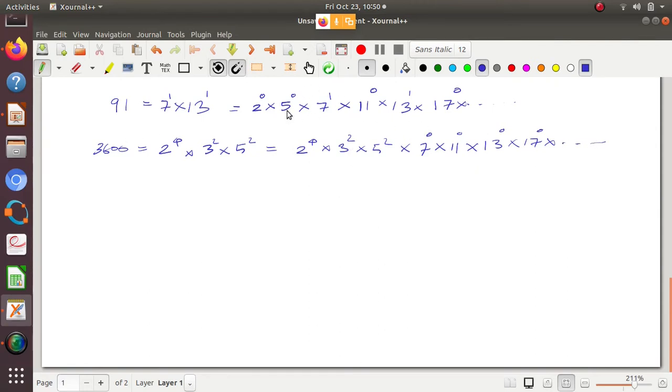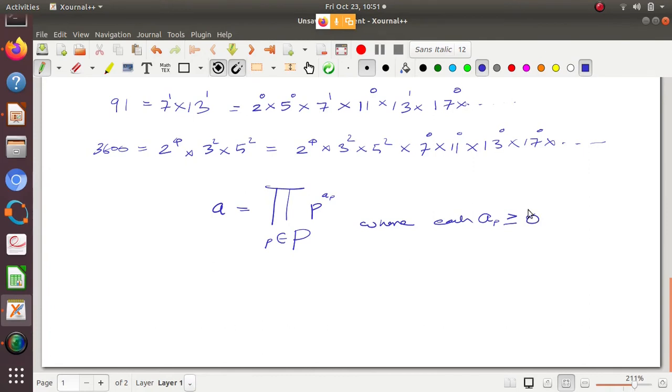So we can express any number a as a is equal to the product over p, a member of capital P, of p to the power ap, where capital P is the set of all prime numbers and each ap is greater than or equal to 0.